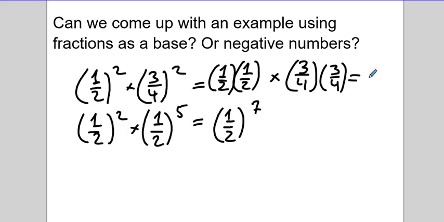What would this be, actually, as a single fraction? Then you multiply them through.